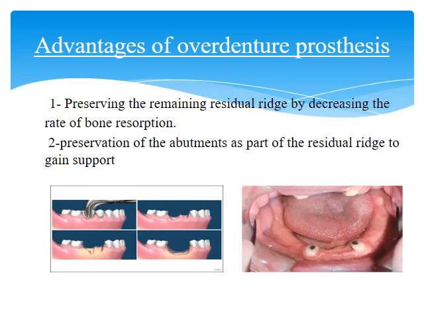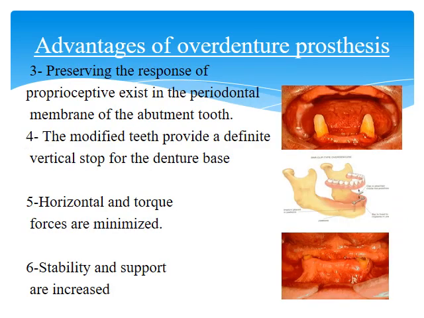The advantages of overdenture prosthesis: first, preserving the remaining residual ridge by decreasing the rate of bone resorption. Second, preservation of the abutments as part of the residual ridge to gain support. Third, preserving the response of proprioceptive receptors existing in the periodontal membrane of the abutment tooth.